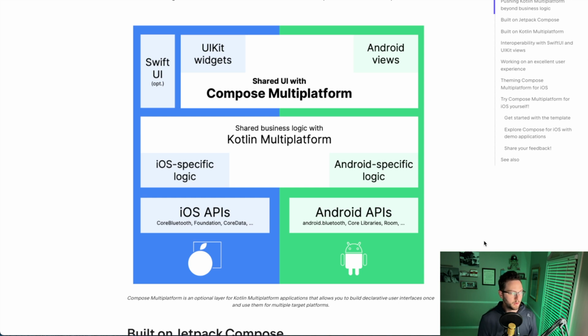The cool thing about Compose for iOS is that you can essentially write Jetpack Compose code within the shared module of your KMM app, and it'll compile into SwiftUI code because of some UI code routing within the iOS layer of the app. Essentially, it's compiling Jetpack Compose into a UI controller layer in SwiftUI, which gives you kind of the illusion that you're writing code in one place and it's running on both platforms.